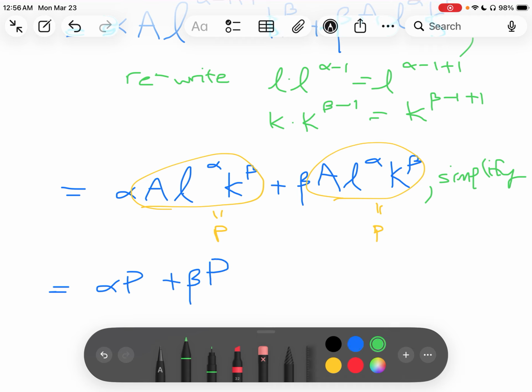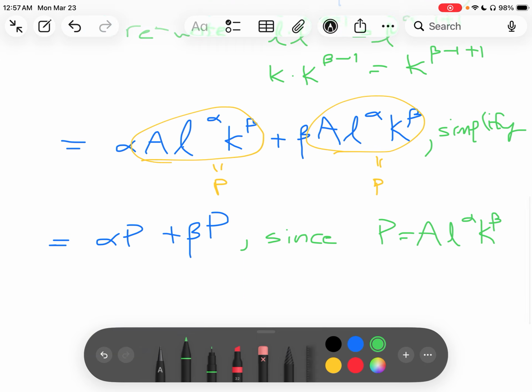So this is since P equals A L to the alpha K to the beta, right? And then the next part we're going to do is we can factor the P, right?